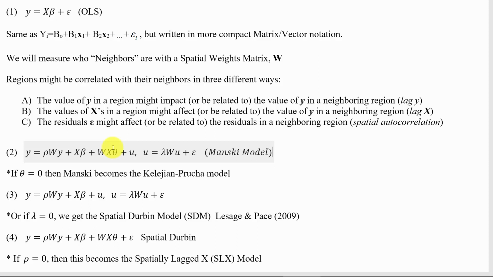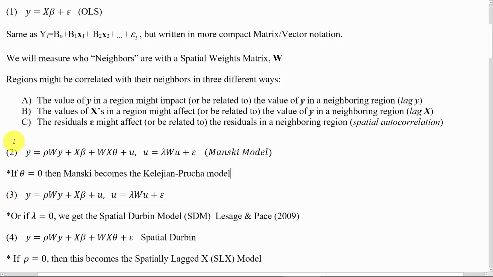So instead of trying to estimate this Manski model, the most complicated model that people generally try to estimate is what's called the Kelejian-Prucha model, by Harry Kelejian and Ingmar Prucha, who are, I think, still at the University of Maryland. So if we set this theta term equal, sorry, not theta term, but theta vector, basically what we're doing is we're assuming that all of these neighboring explanatory variables do not affect us.